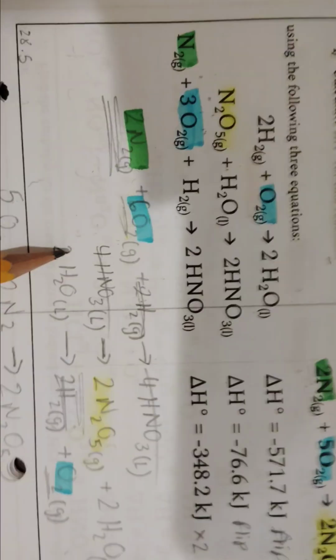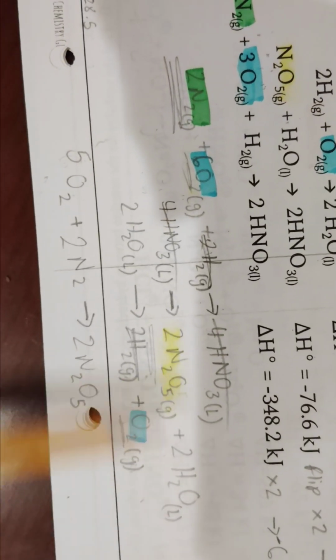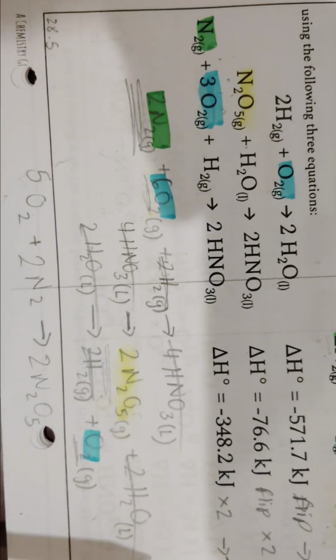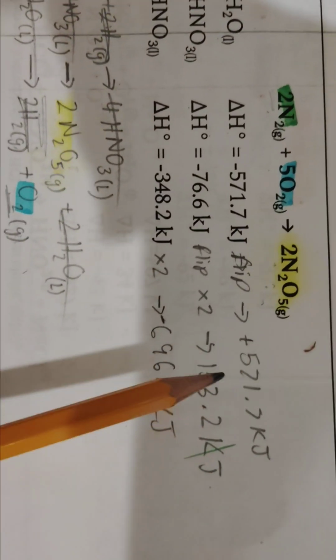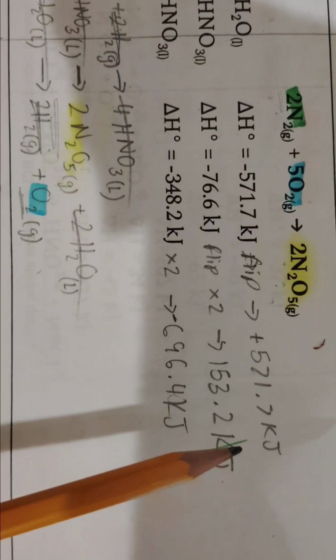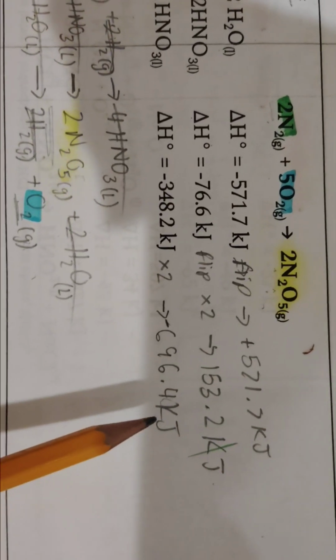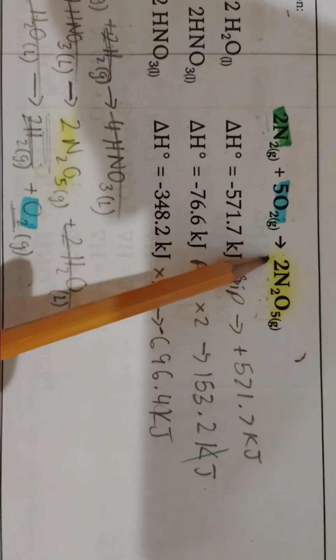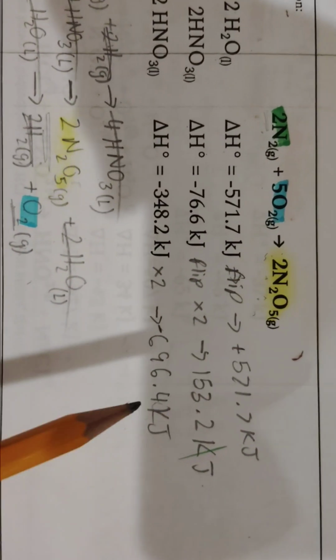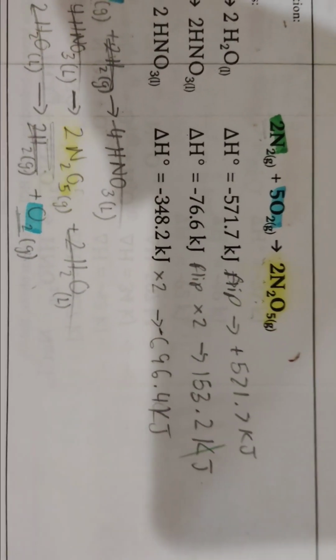And the same with these last two H2Os, we can cross those out. We pretty much got our problem set down here, which is the same as up here, and we did everything we needed to do with our enthalpies. Now we're just going to add all of these up, and it's going to give us the enthalpy change for this equation, which is going to be our answer. So I'm going to calculate that, and we'll be right back.